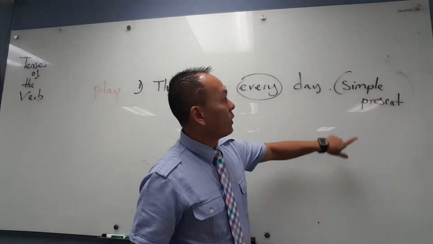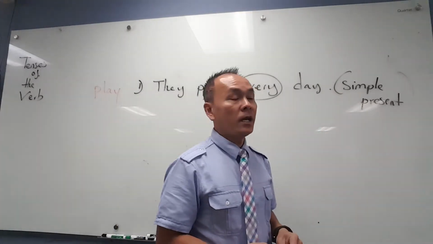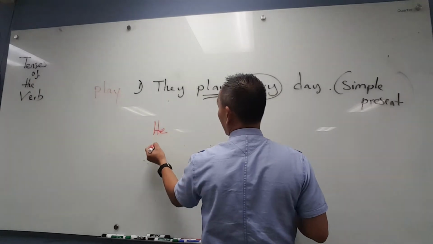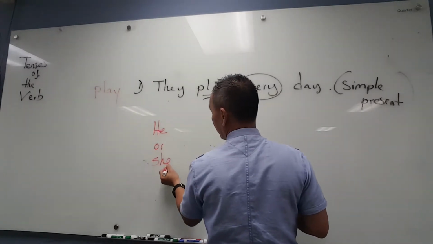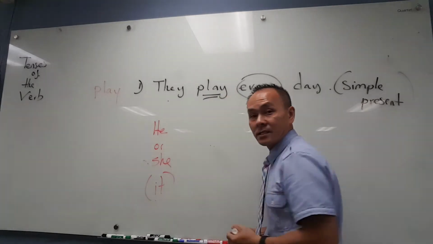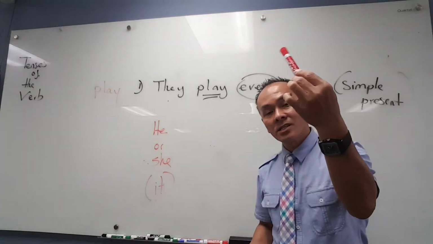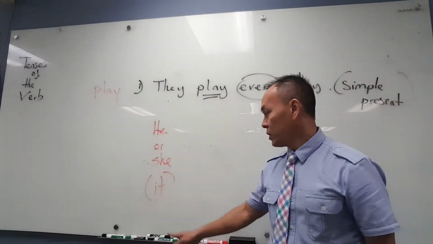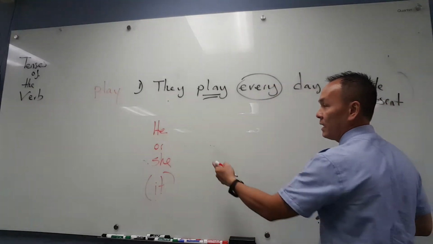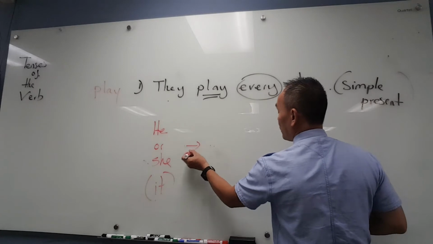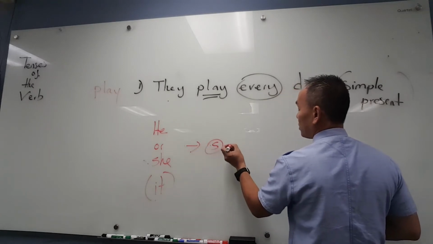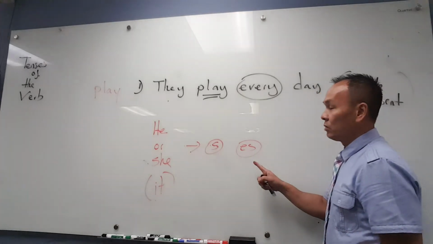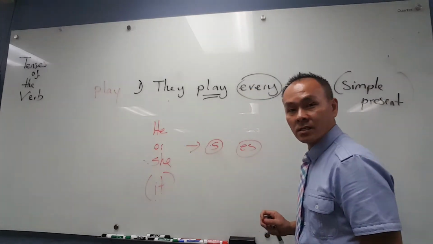Now, when it's simple present and the subject is he or she and sometimes it. This is it. Because it's not a person and it's one thing, we use it. So when it's he or she or it, we have to add s or sometimes es to the verb.